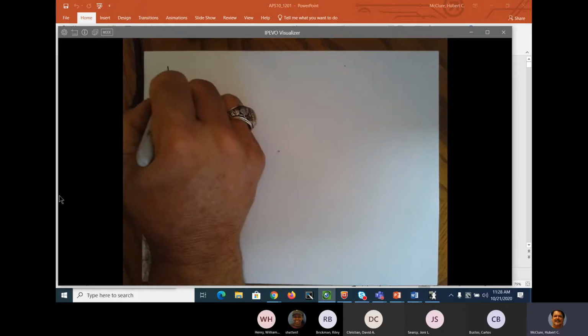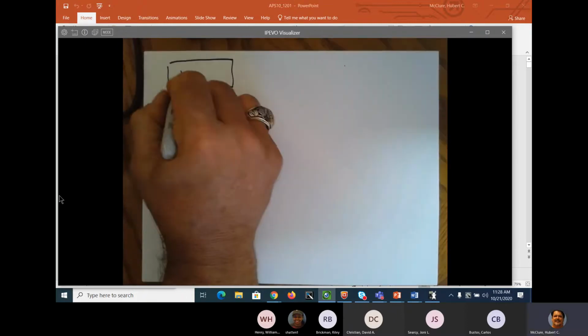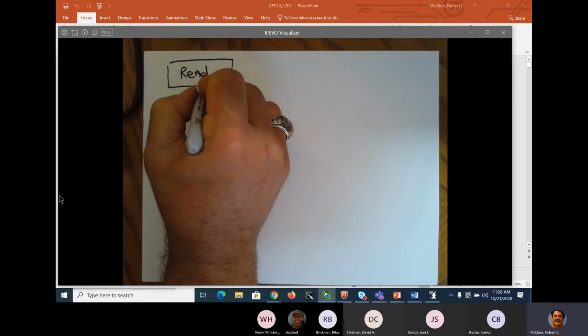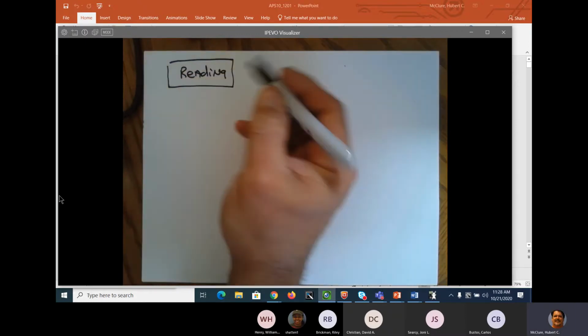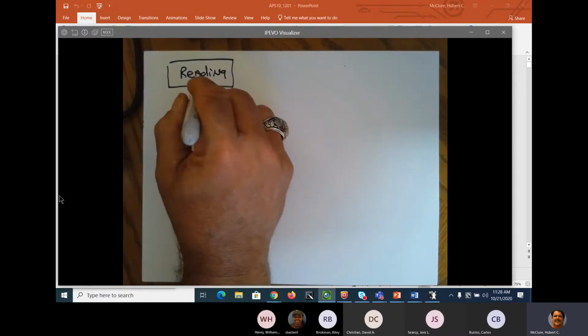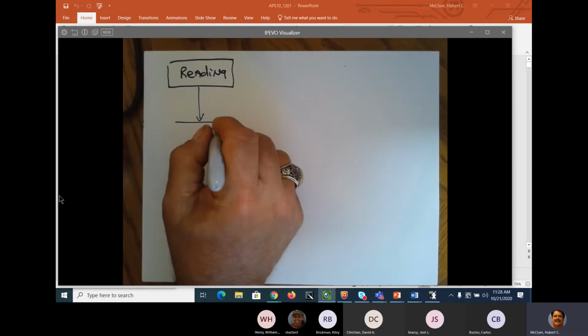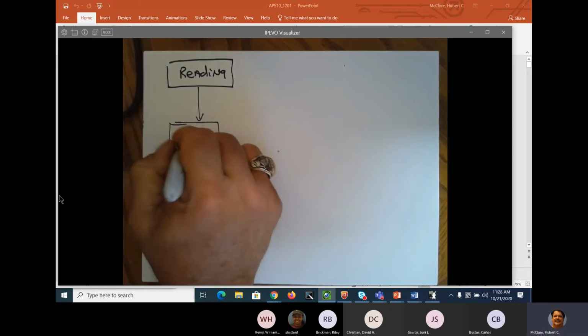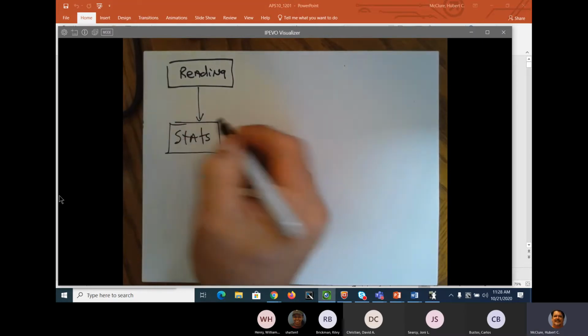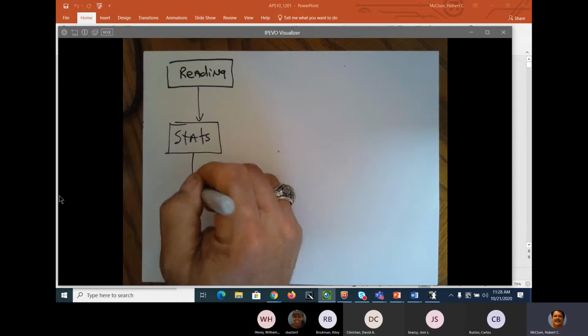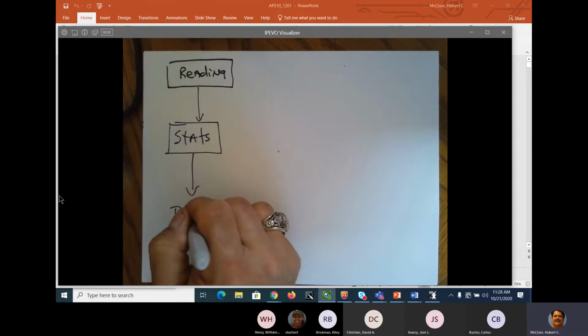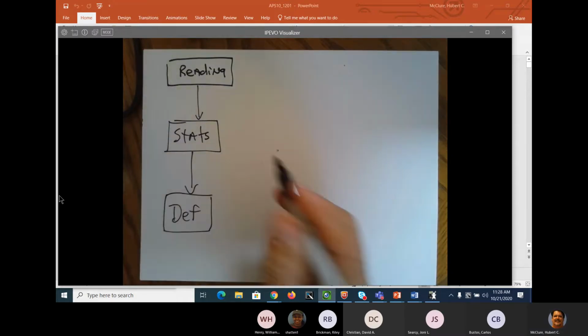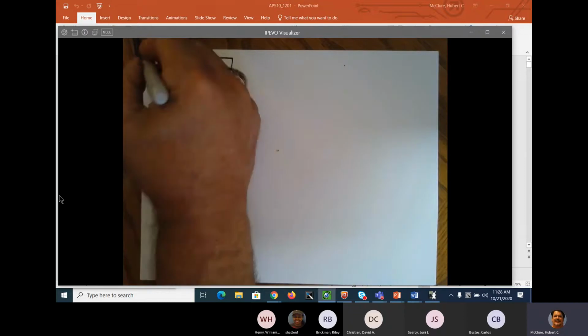In 12.1, you're going to do a lot of reading. And the reading that you're going to be doing in 12.1 is going to talk about statistics. And it's going to talk about a lot of definitions. Okay, so that's 12.1.